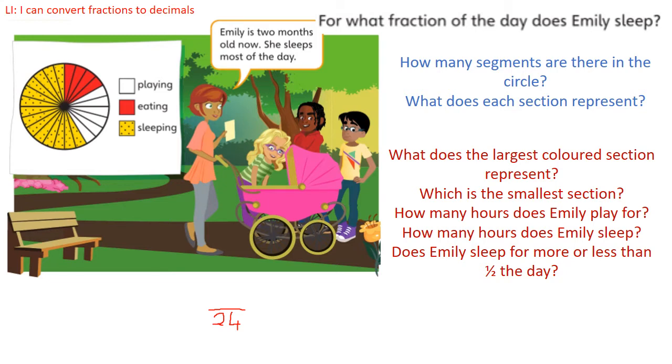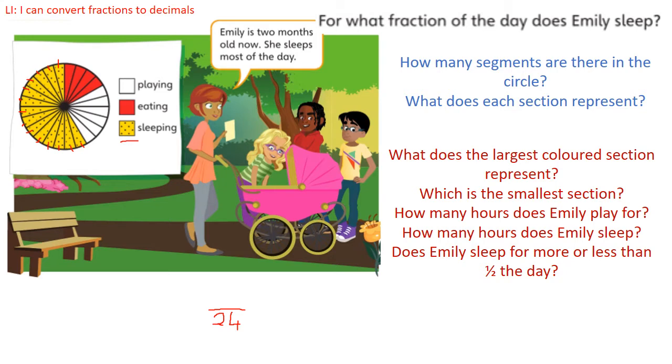So now let's count. We need to count the yellow and spotted sections. We've got 1, 2, 3, 4, 5, 6, 7, 8, 9, 10, 11, 12, 13, 14.